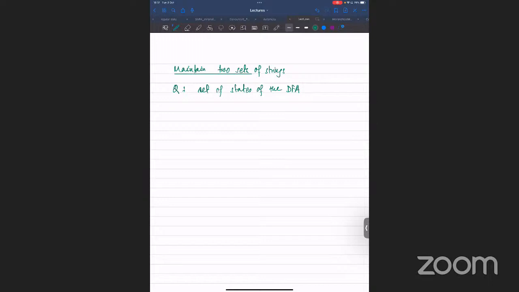The strings correspond to the states of the DFA. We saw this earlier in the indistinguishability relation: a state can correspond to a set of strings, right?